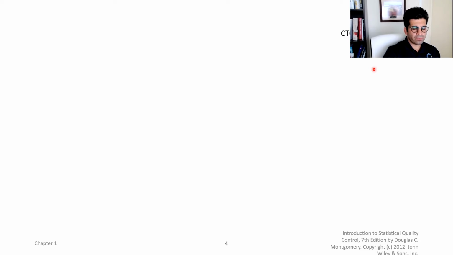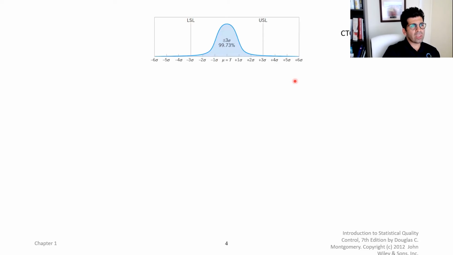So we usually want to compare the distribution of a CTQ with specifications. The specifications are expressed in terms of lower specification limit and upper specification limit, LSL and USL. The difference between the distribution that you see in the center and those two lines is that those vertical lines are given to us by the customer or from design or engineers.